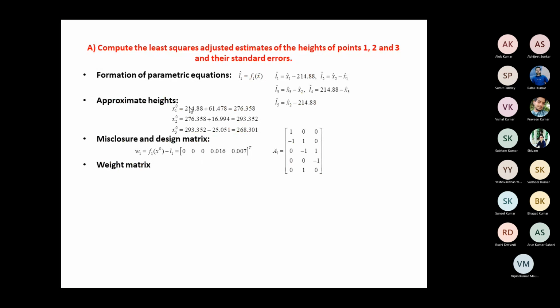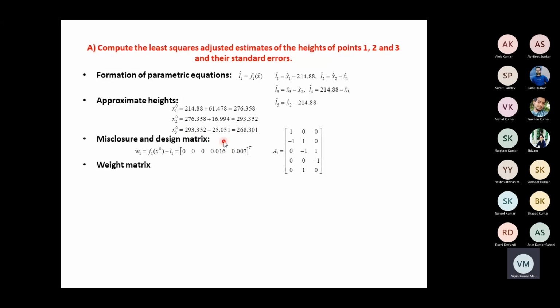Here you can see. When we are computing x1 naught, x2 naught, and x3 naught, we have used the height differences directly. But we know this is not the actual height. Using L1, L2, and L3 or L4, we have calculated x1, x2, and x3, and we have taken the observations.